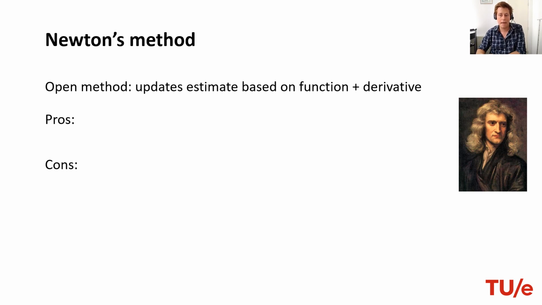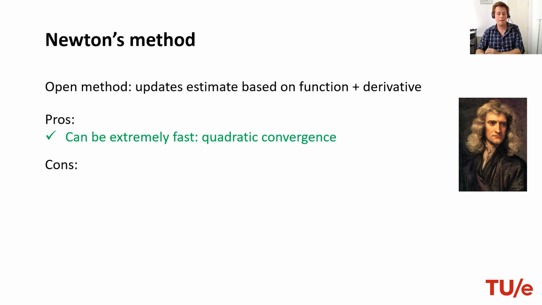The main advantage is that it can be extremely fast. If certain conditions which we discussed are met, then it attains quadratic convergence, which means that within every iteration, you double the number of significant digits that you get correct in the solution. If it converges, then Newton's method is extremely fast.